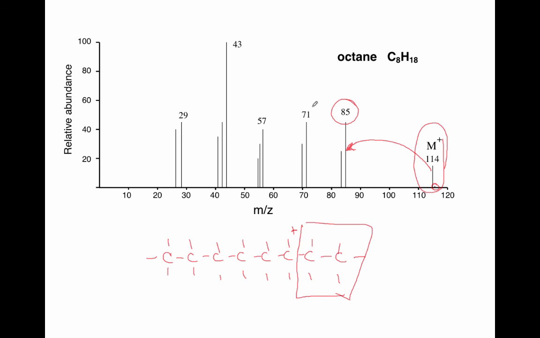Why don't you tell me what peaks you think you may see at 71, 57, 43, and 29. And that finishes out this. We'll talk about this mass spec and a couple more when I see you in class.